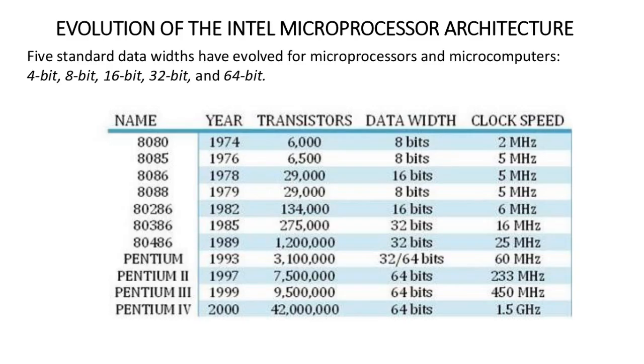Now we'll discuss some more basic information, like how the evolution of the Intel processor happened. 5 standard data widths have evolved for microprocessors and microcomputers. It starts with a 4-bit microprocessor, then 8-bit, then 16-bit, then 32-bit, and now it is 64-bit. Most microprocessors now are 64-bit, which means the data bus is 64-bit.